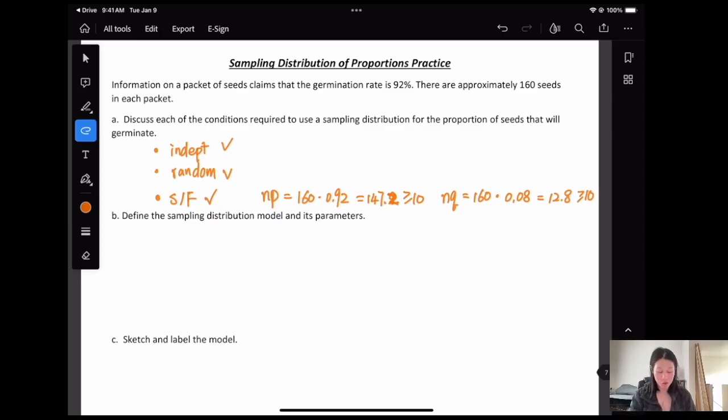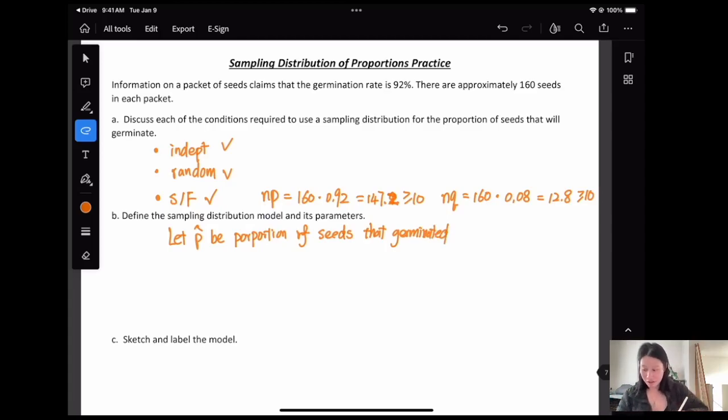Define the sampling distribution model and its parameters. Let p hat be the proportion of the seeds that germinate out of the 160 seeds.